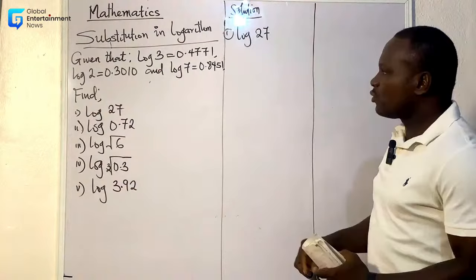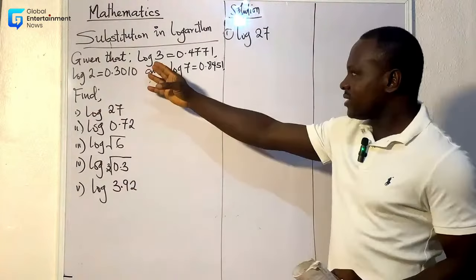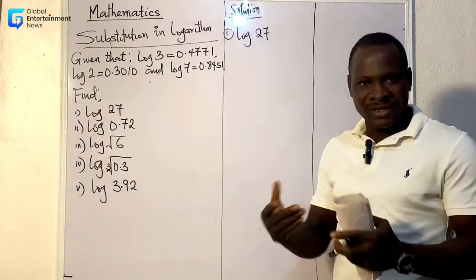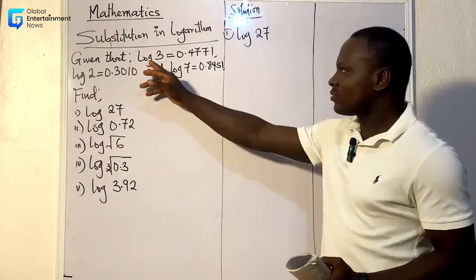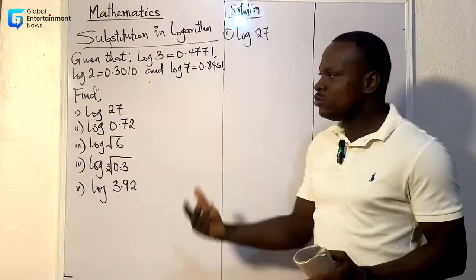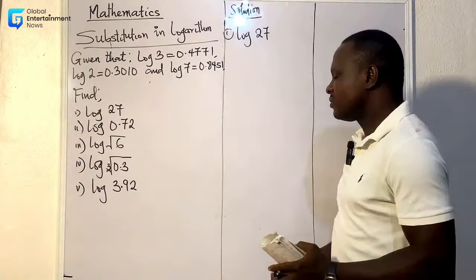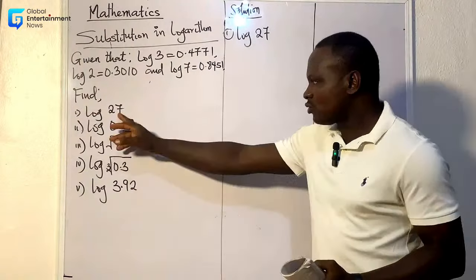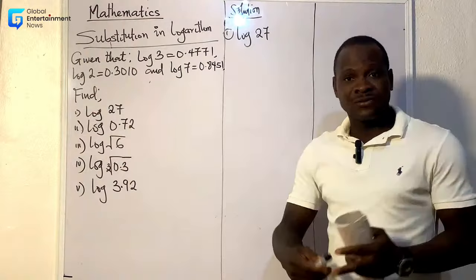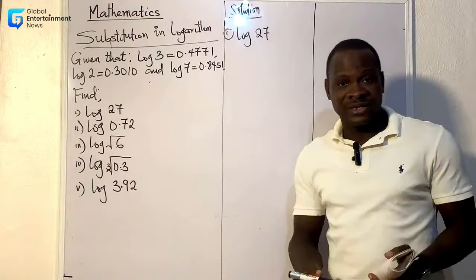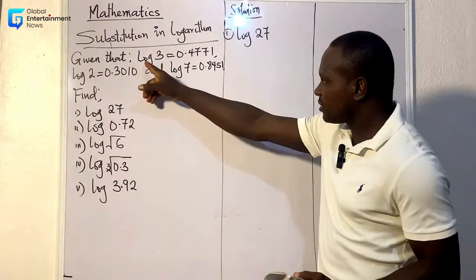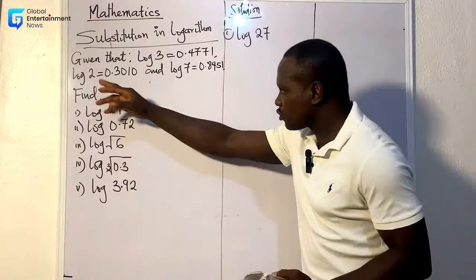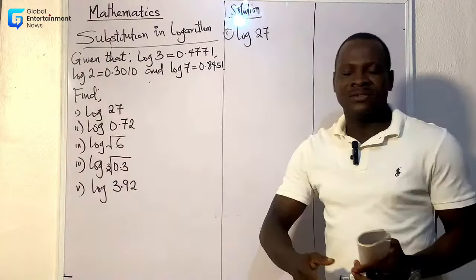Looking at what we're given here, there's nothing like log 27. What we only have here is log 3, log 2, and log 7. So how can we break this 27 down? We have to break 27 down into these substituents, which is log 3 or log 2 or log 7. So how do we do that?